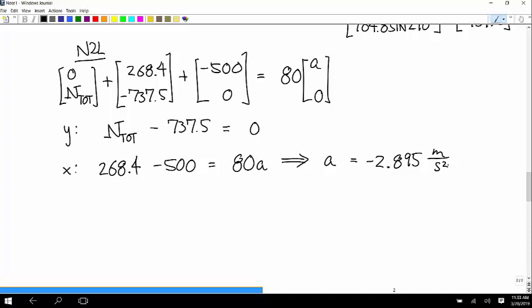Okay, so what's the acceleration vector? In our coordinate system, we defined our acceleration to be a, 0. So now just plug in this value of the variable a, and you get an acceleration of negative 2.895, 0.